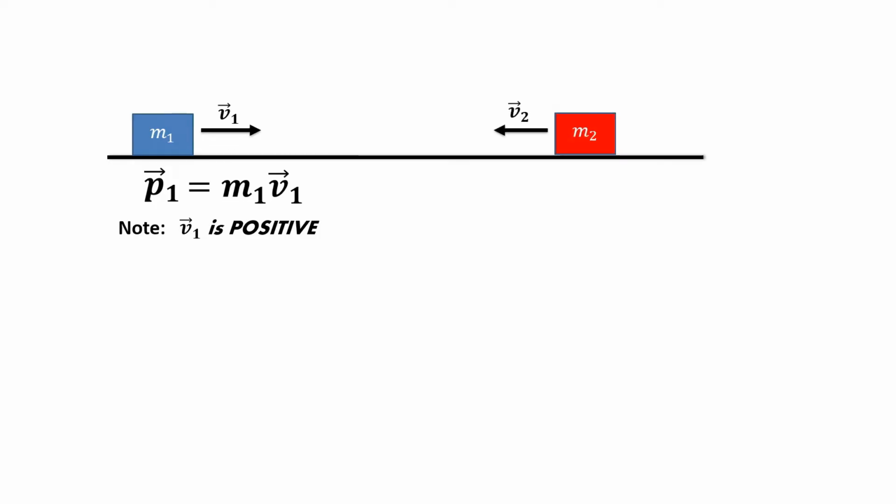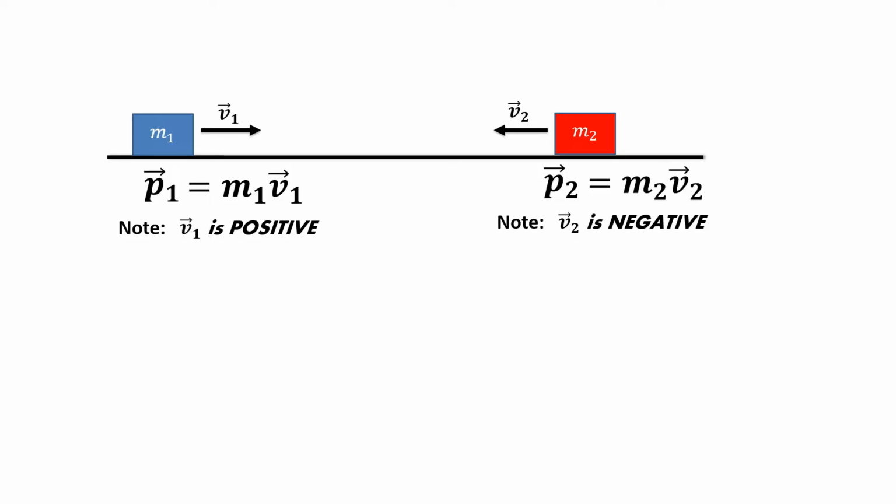Now, let's assume we have mass 2 which is moving to the left. To get the momentum of mass 2, we get the product of mass 2 times its velocity, v2. Remember, our object is moving to the left, so the velocity is negative.